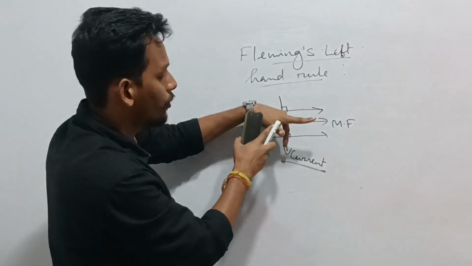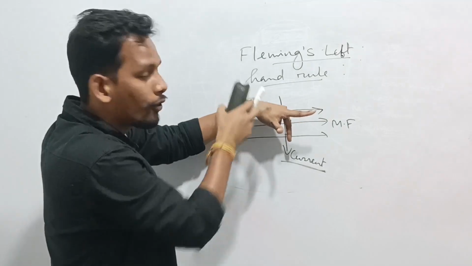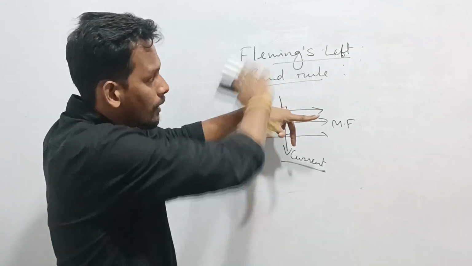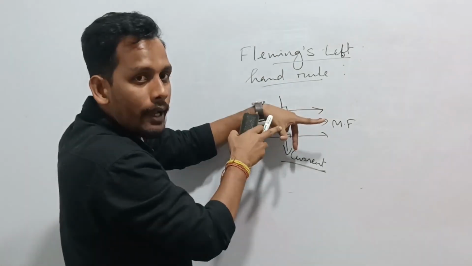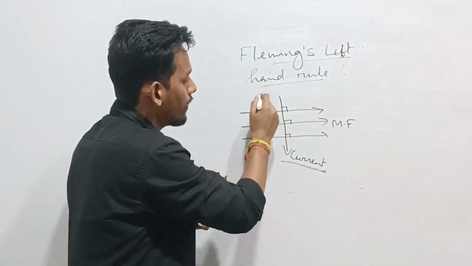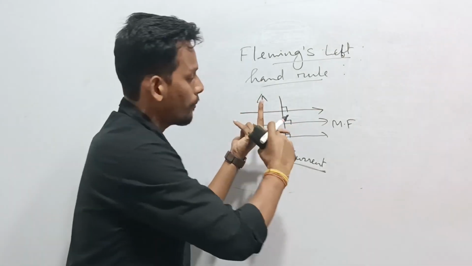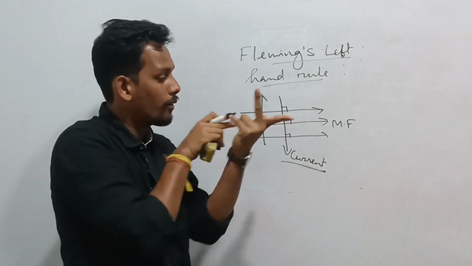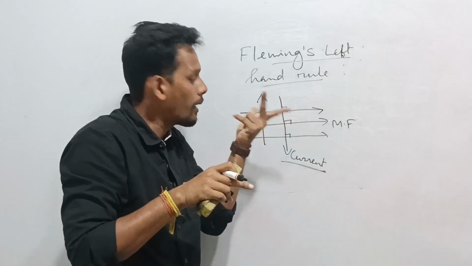Now see the direction of your thumb. The direction of your thumb is out of the base. If you consider this a plane, then your thumb will point out of the base. If the direction of current is like this, with the magnetic field like this, then this thumb will point into the base, or into the plane.